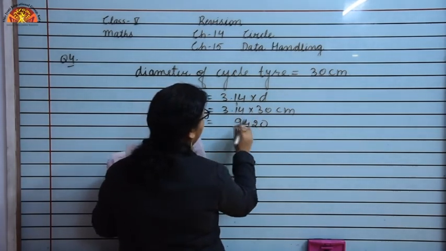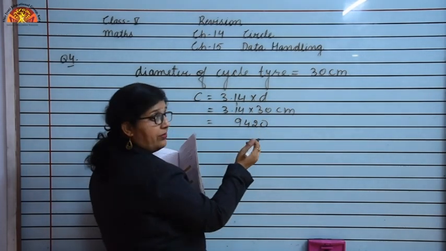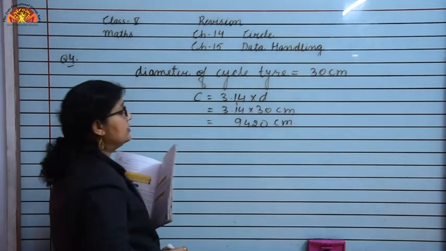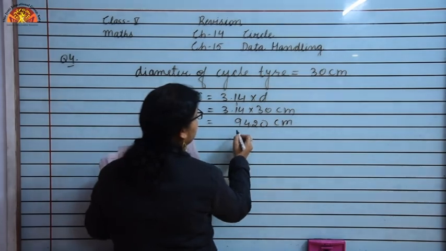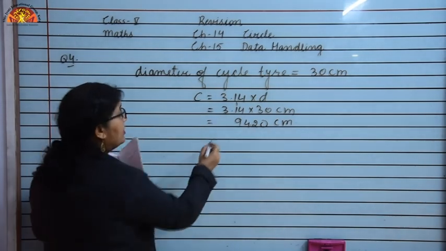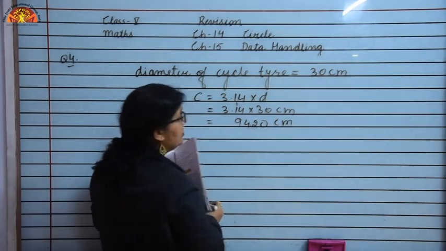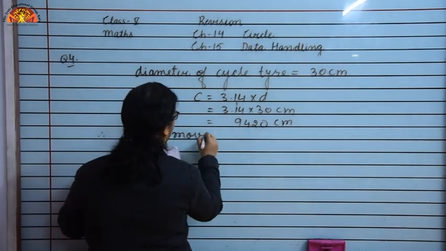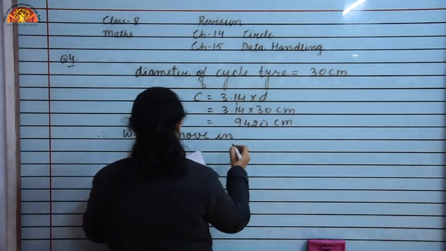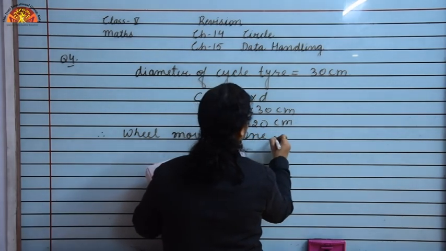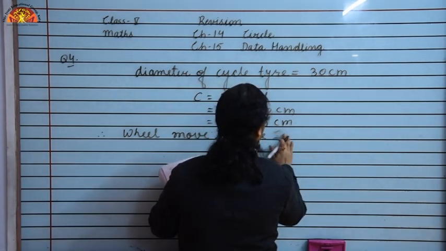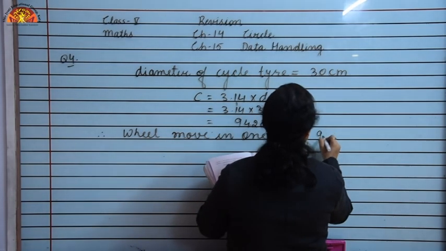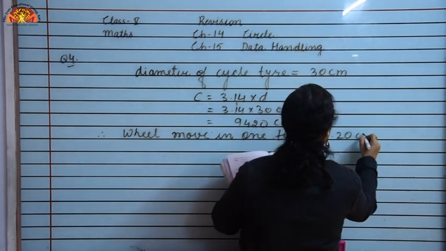Put the decimal 2 digits from the right side and centimeter here. So what is the distance covered by the tire? 94.20 centimeter. So it will move 94.20 centimeter in one turn.